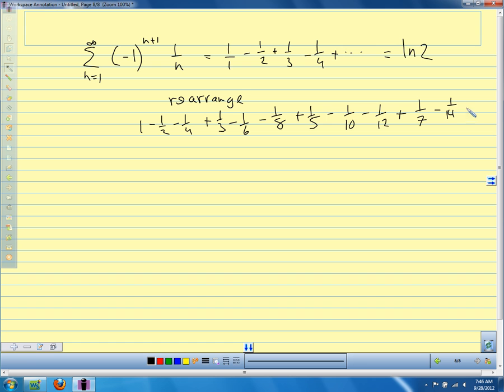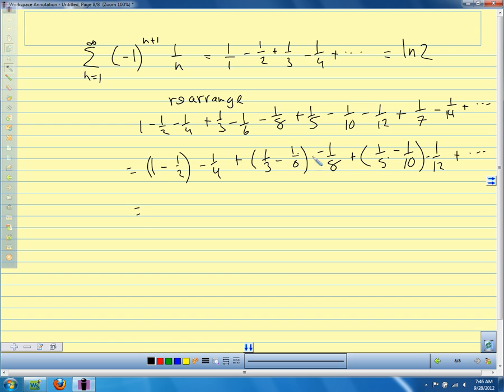So I'm just rearranging the terms, and we're being clever here in how we're rearranging them. It doesn't look clever right now, but plus dot dot dot.